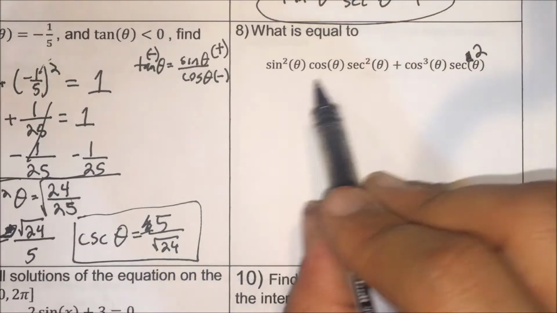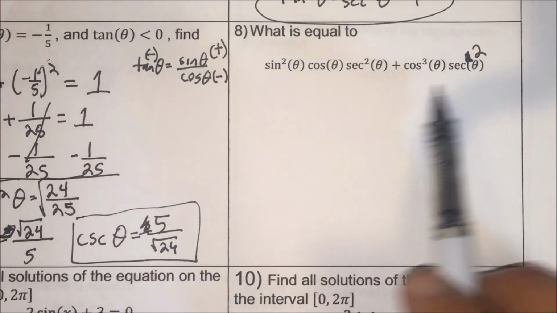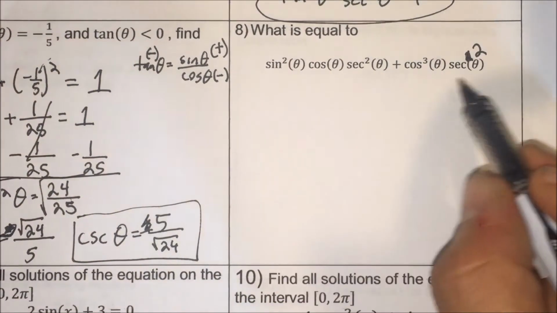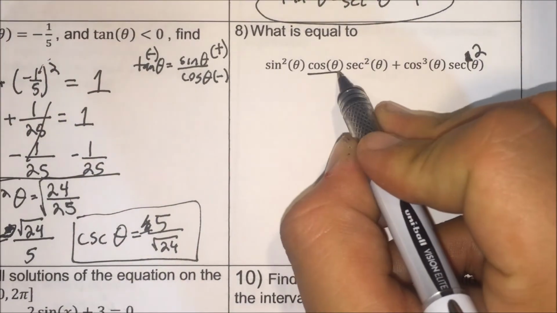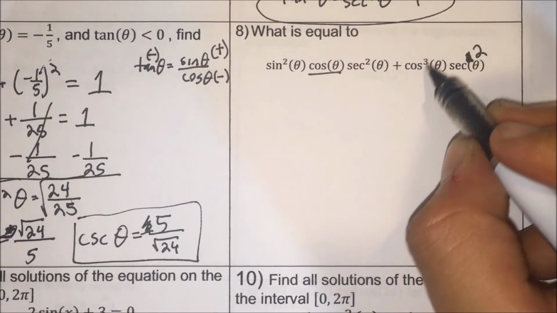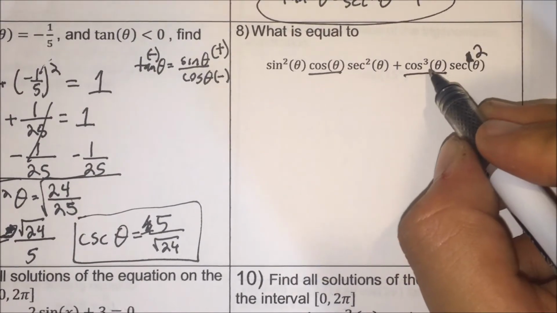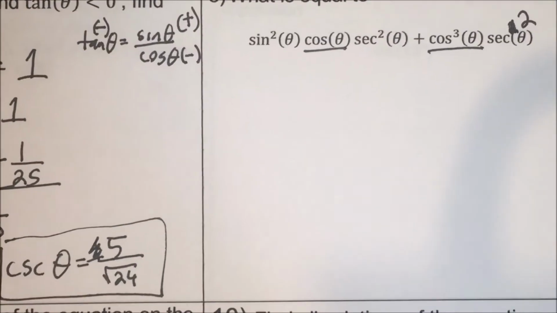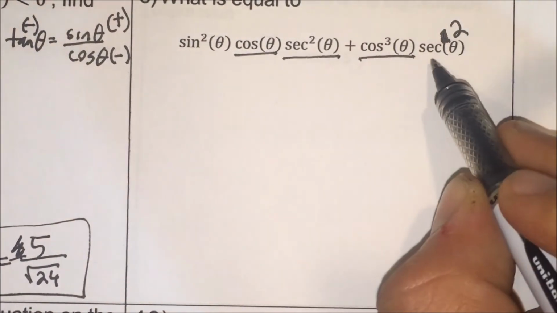So what we want to do is factor out everything that is in common across the addition sign. We see that there is a cosine in the first one, and cosine cubed means there's actually 3 cosines getting multiplied here. We'll underline that, but we have to remember that when we factor stuff out. We also notice that there's a secant squared on both.